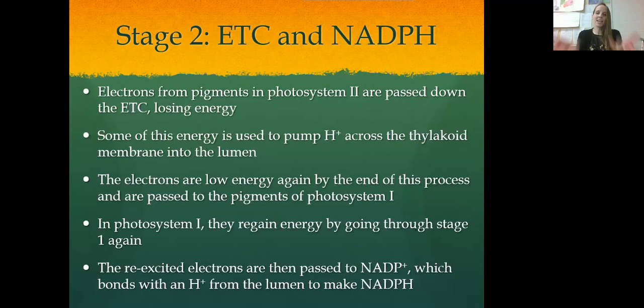NADP+ takes on the electrons. They are now still high energy electrons. They turn the NADP+ into an NADPH, which is now a high energy molecule.